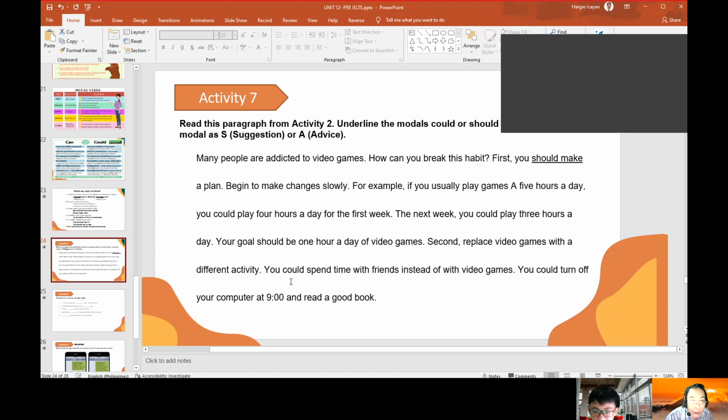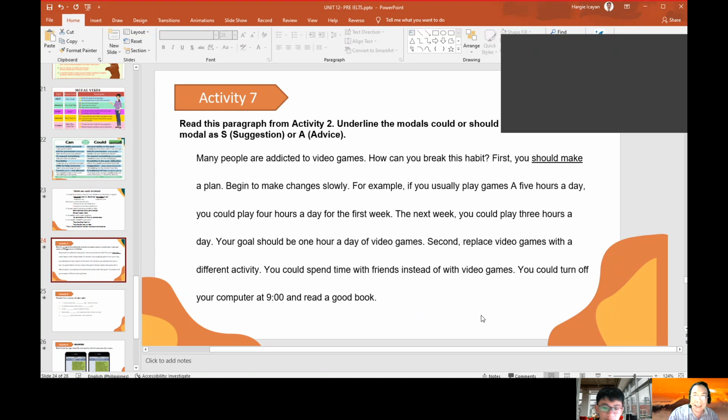Next, we have could spend time with friends. When we say could, of course, it's a suggestion. And then another one, could again, and it's a suggestion. Okay, now we know the use of could and the use of should.